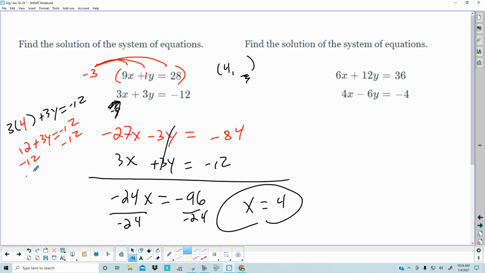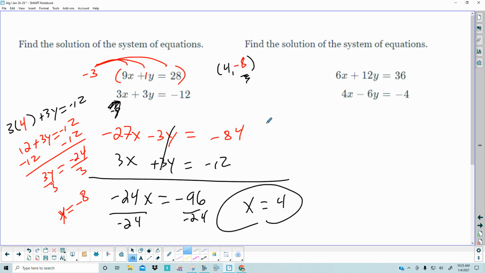Subtract the 12, and I get 3y is equal to -24, divide by 3, and I get y is equal to -8. Whoops, on the y, not an x. Good grief, my handwriting was bad, and I misinterpreted. That was a y. So then y is -8. Okay?